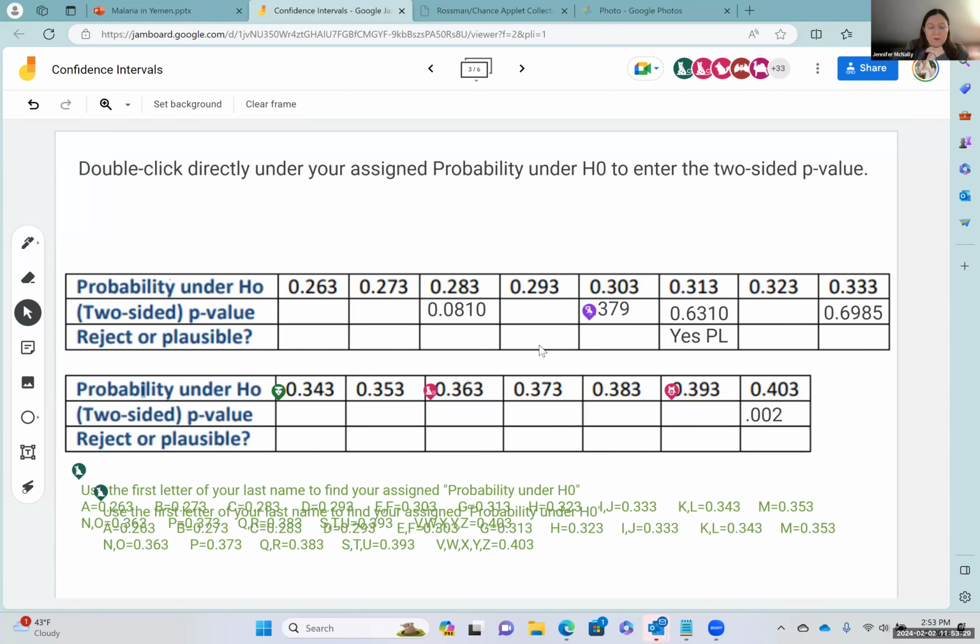I'm going to go back to my slides because I filled it in. You'll see that Jamboard's a little finicky, so things are going crazy over there. But once we have everything filled in, we start talking about our decision based on each one of those two-sided p-values.